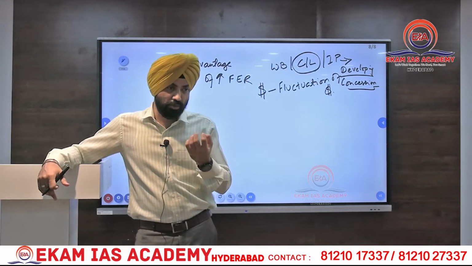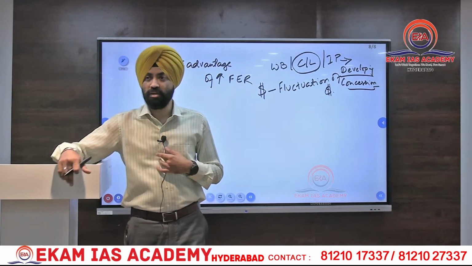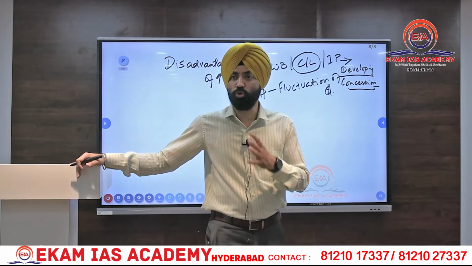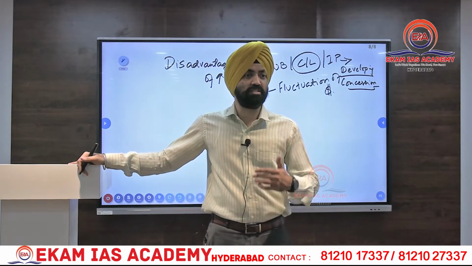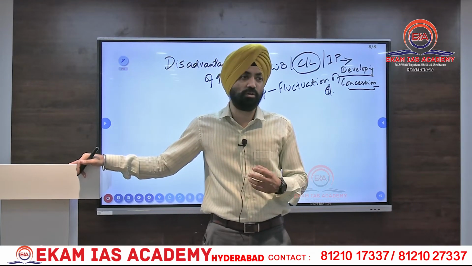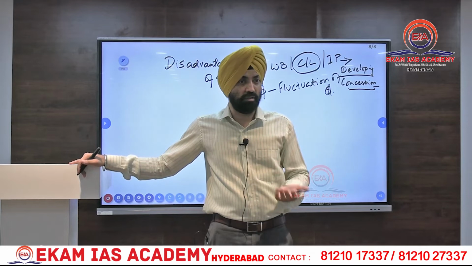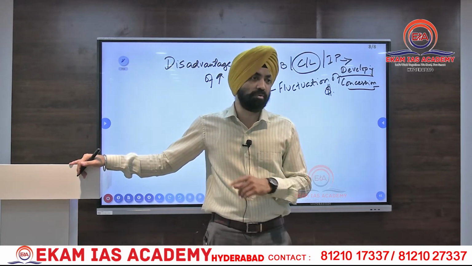It may not be a problem today, but in future generations, whenever you take big concessional loans, the repayment does not start immediately. The repayment starts 8 years, 10 years down the line. So the current government which may take that loan may not face the heat, but the next government which comes to handle the situation may find the heat.